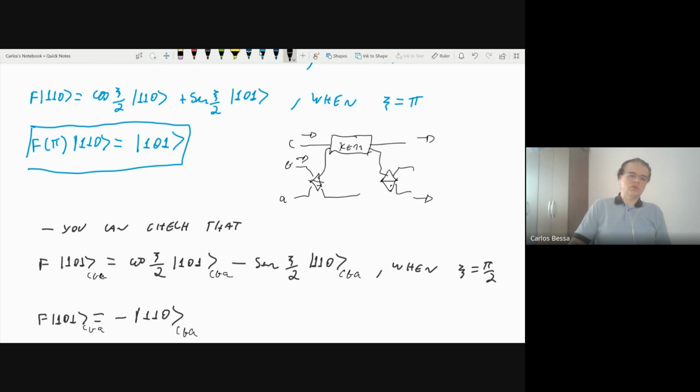So with one photon here in C, and when the input is no photon in B and one photon in A, it's just like a switch. I don't know, switch the photons. The photon that was here in B appears in A and vice versa.